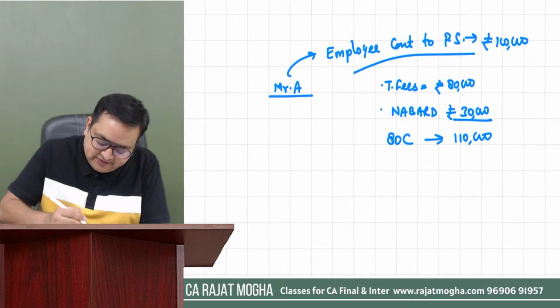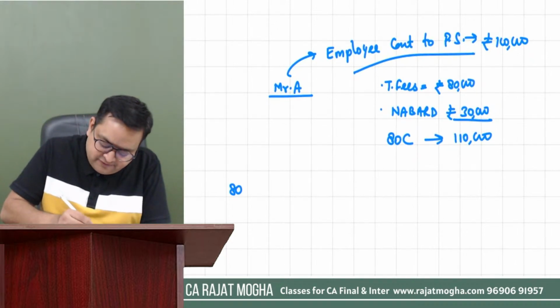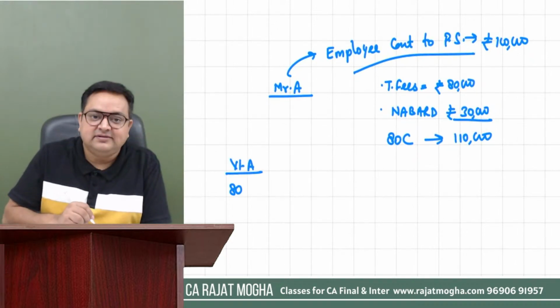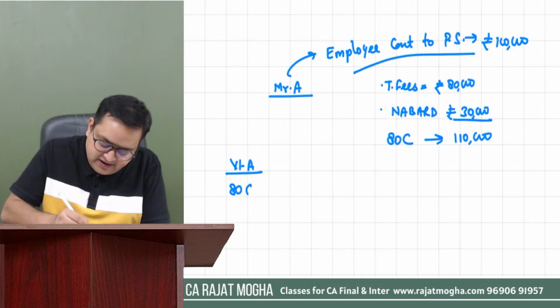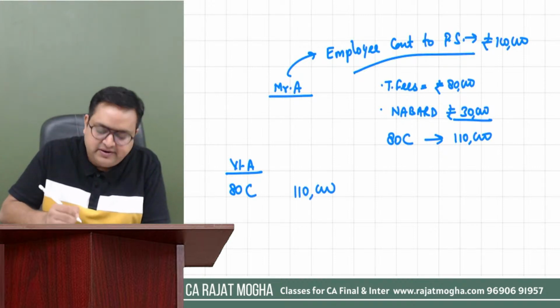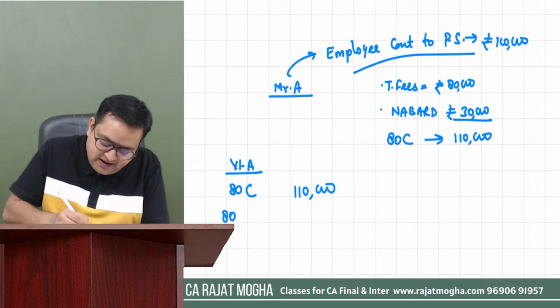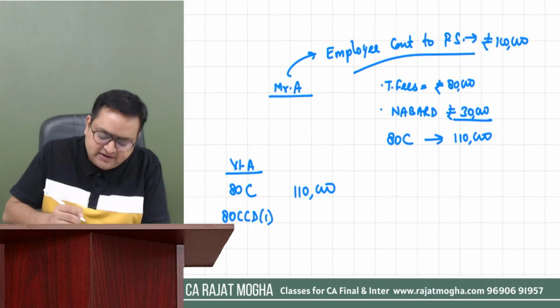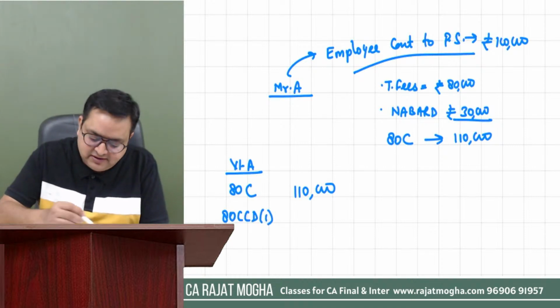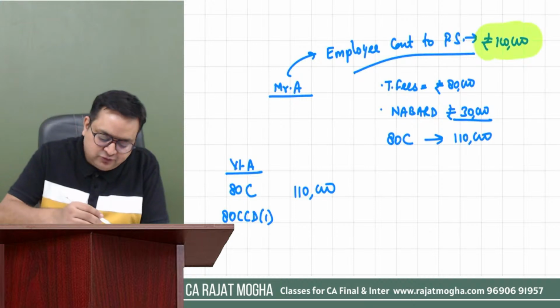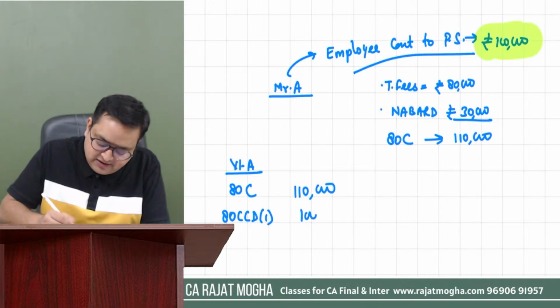So what you will do is, while calculating deductions under chapter 6A, first of all, you will give 80C deduction. 80C deduction would be 1,10,000, right? And how much would be 80CCD1? This is employee contribution. He is paying 1 lakh rupees. So can you give deduction of 1 lakh in 80CCD1?